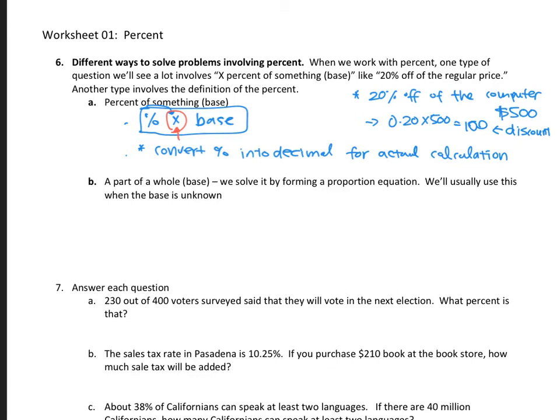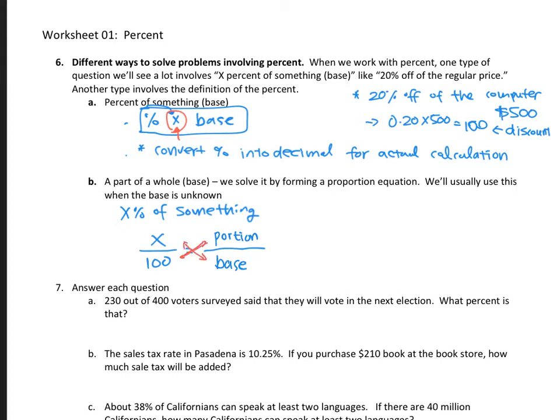So let's say we have X% of something. Again, X% is X over 100. Then we're going to set it as base. Notice that 100 corresponds to the base, so I'm going to put the base on the bottom, and portion corresponds to X, so I'm going to put X on the top. How do I solve that? You basically do cross multiplication.